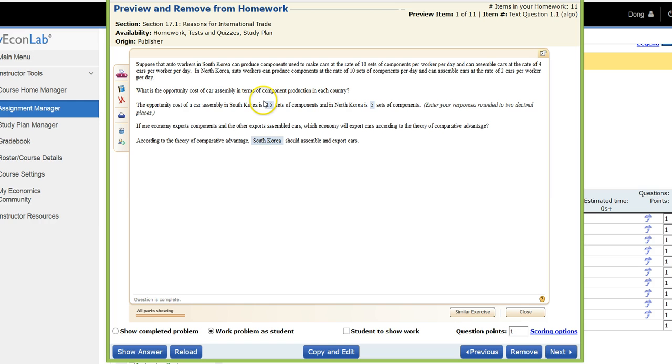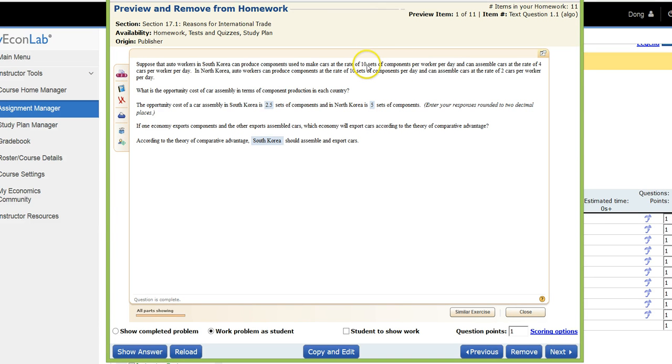We should check which number here is lower, because a higher absolute productivity here doesn't necessarily mean a lower number here. South Korea workers might also have a very high absolute productivity in terms of the component production.